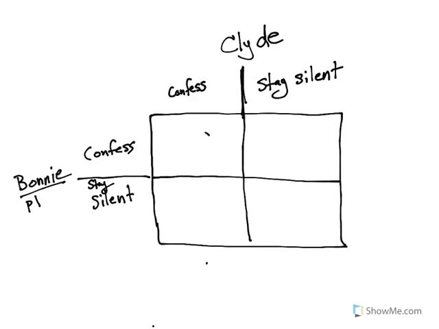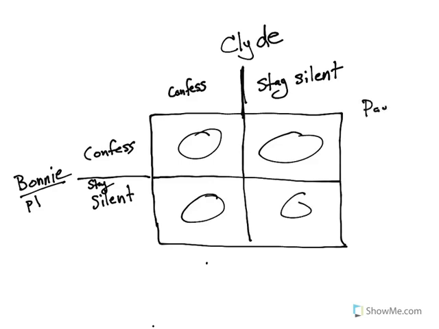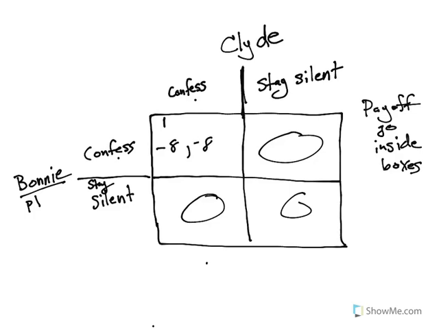Now, what we put inside of these boxes are the payoffs. So those payoffs are what the outcomes would be in each of these 4 situations. So in that situation, Bonnie confesses and Clyde confesses. Those two outcomes are if they both confess. Remember, if they both confessed, they each got 8 years in prison.